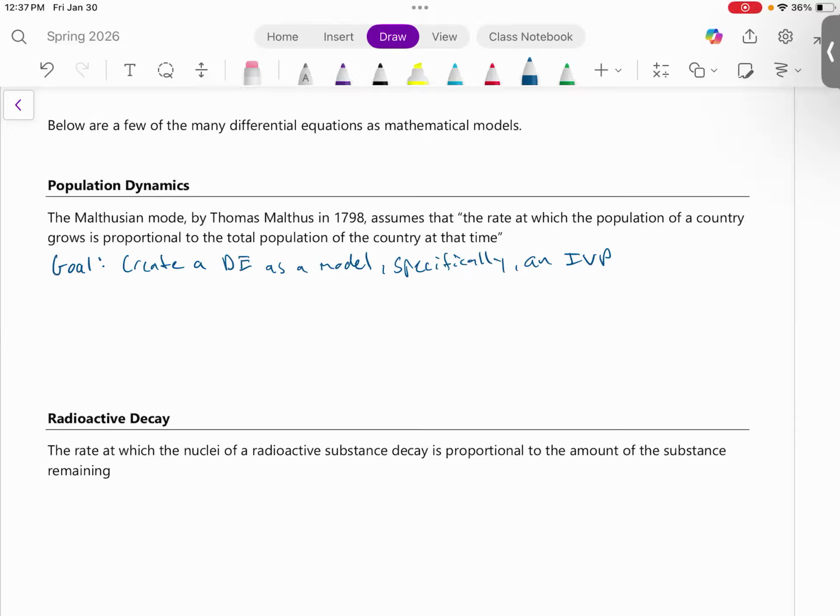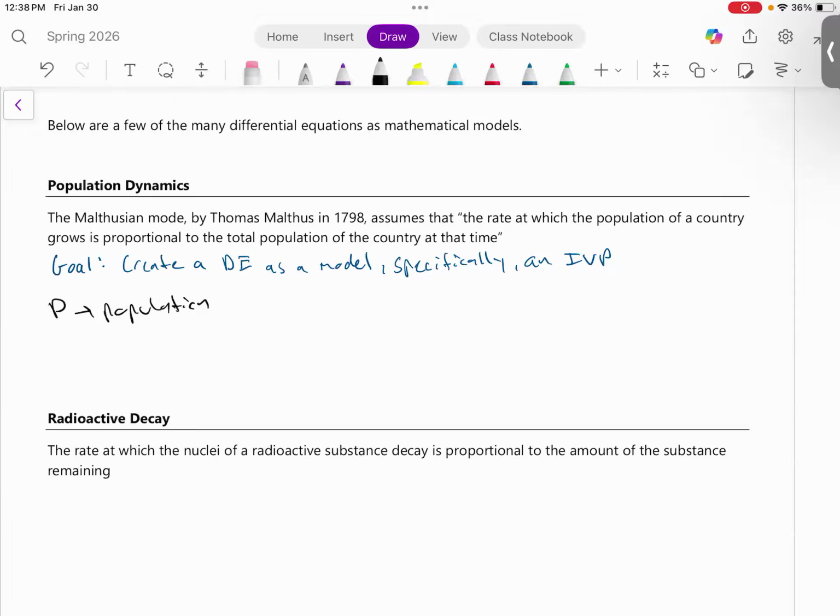So we need to develop a variable for this situation. Since we're talking about population, we're going to let P be the variable. So P is population. We haven't really picked this apart yet, but let's just say P is our variable for this problem.